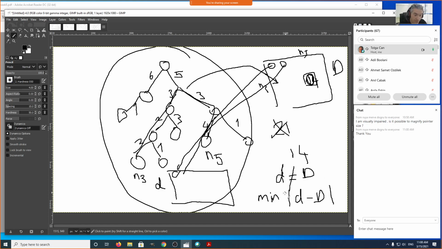So for all i, j, get the difference between small dij and large dij, take the absolute value and sum all of them up. Whatever this distance is, find the tree that minimizes this distance. That becomes an optimization problem.